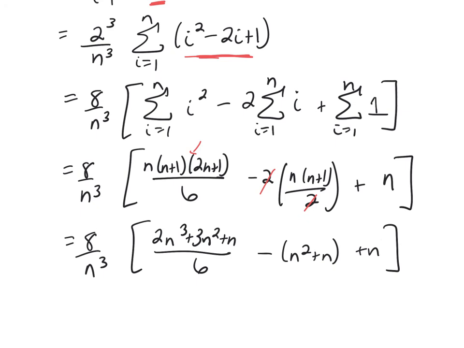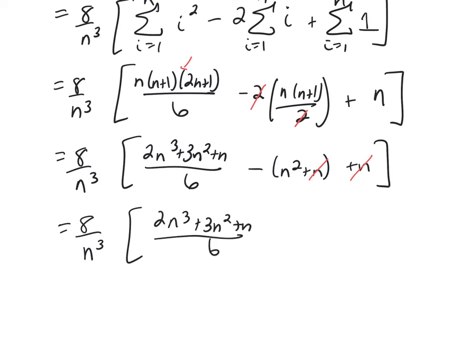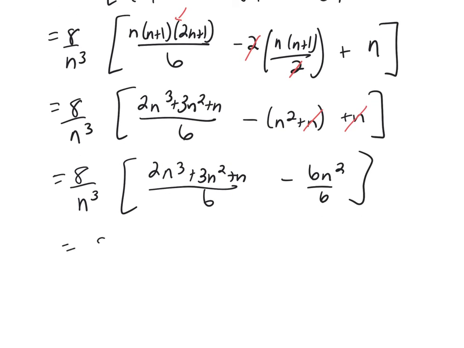Well, these two are going to cancel, this n, and that's really a minus n. So you're going to get a common denominator of 6 here. 2n cubed plus 3n squared plus n over 6 minus 6n squared over 6. And then you can combine them. This will be 2n cubed minus 3n squared plus n over 6.